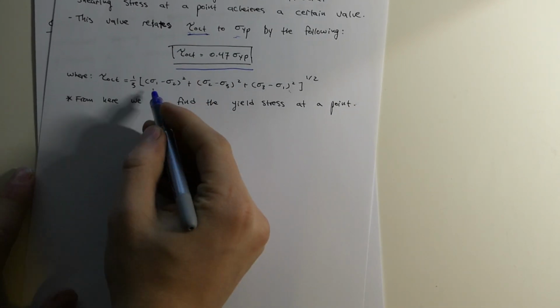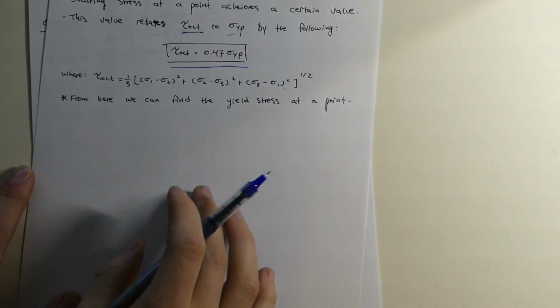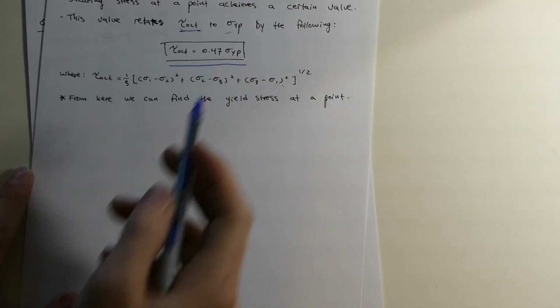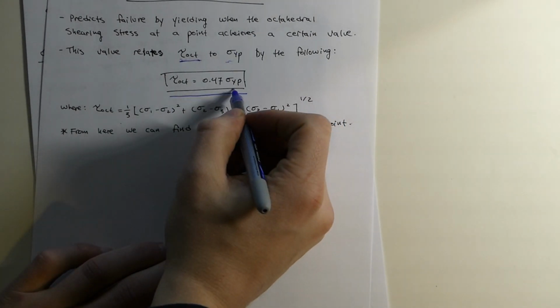Basically all you have to do is find these stresses here, which can be found fairly easily, and plug it into this equation and then plug it back into here, and that'll give you your yield stress, sigma yp there.